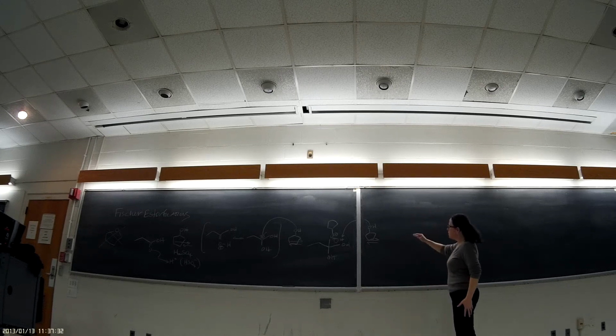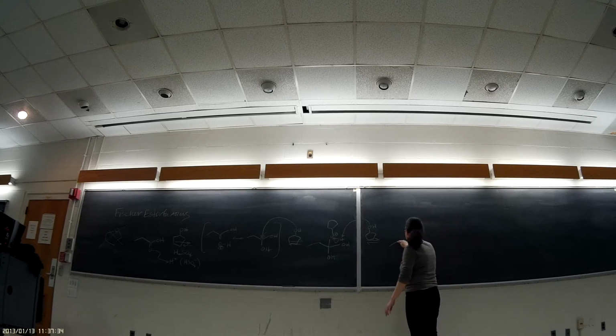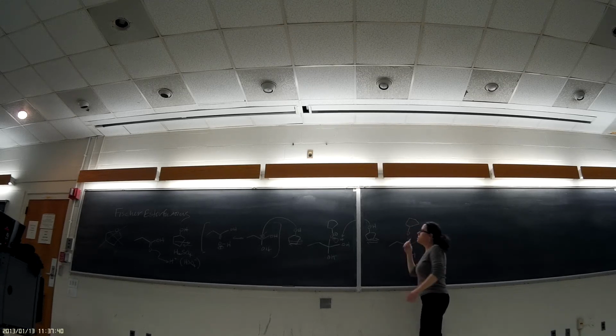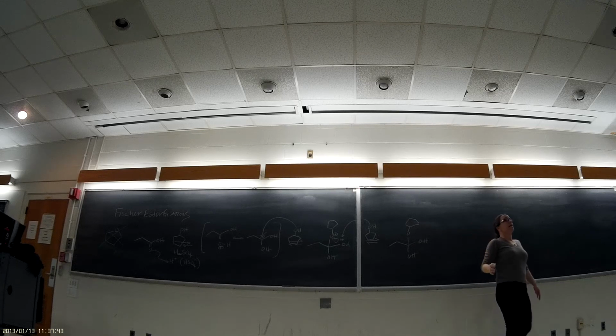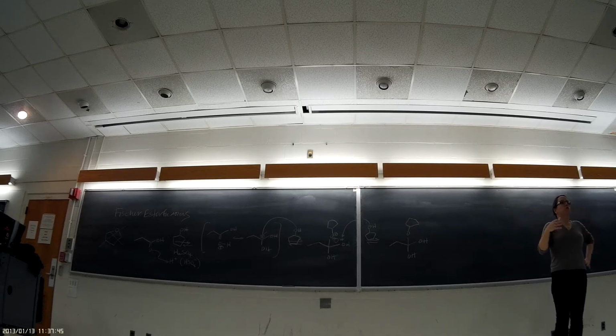Okay, so once we see the deprotonation, we now have a tetrahedral intermediate that we need to consider what's going to happen with. This tetrahedral intermediate has four things attached to what was once the carbonyl carbon. We're still in acid, so now something else needs to get protonated.